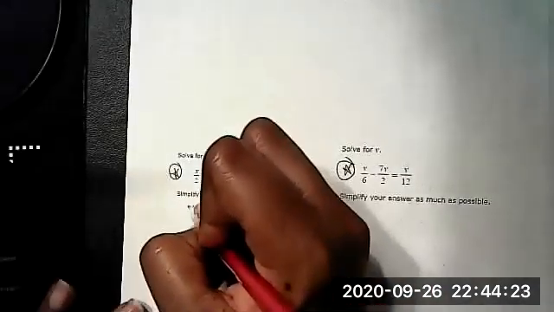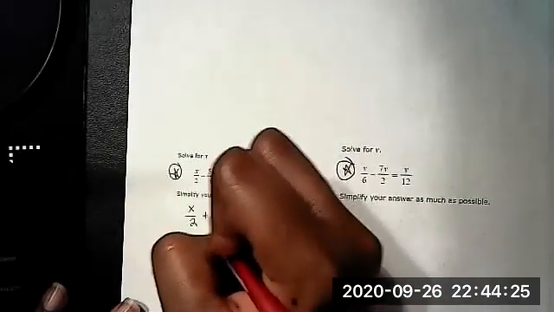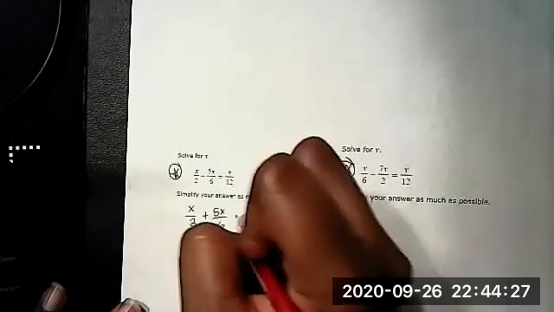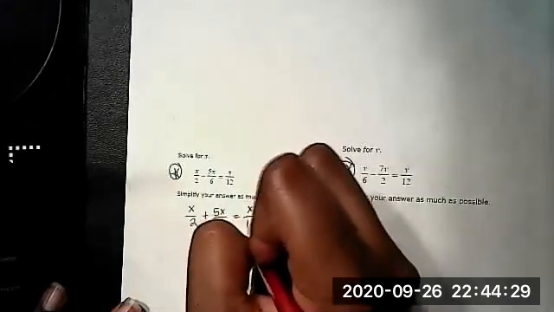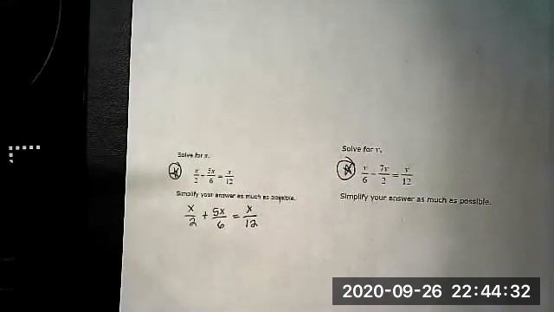Now, let's look at this one. x over 2 plus 5x over 6 equals x over 12. Okay. Now, with this problem here, if you see one like this and it has all of the numbers that are over a number of some kind, what I would use is the greatest common factor.